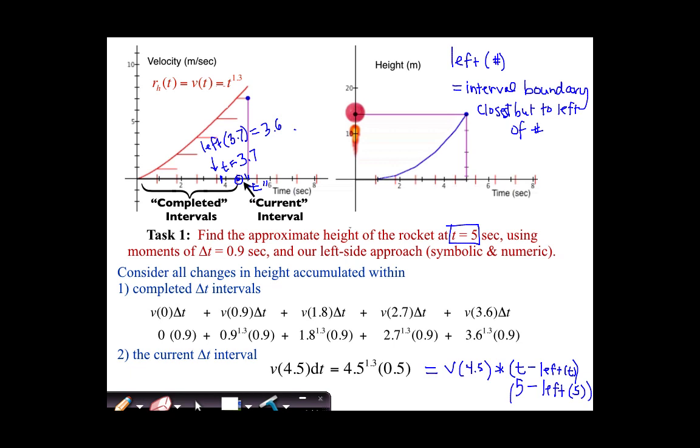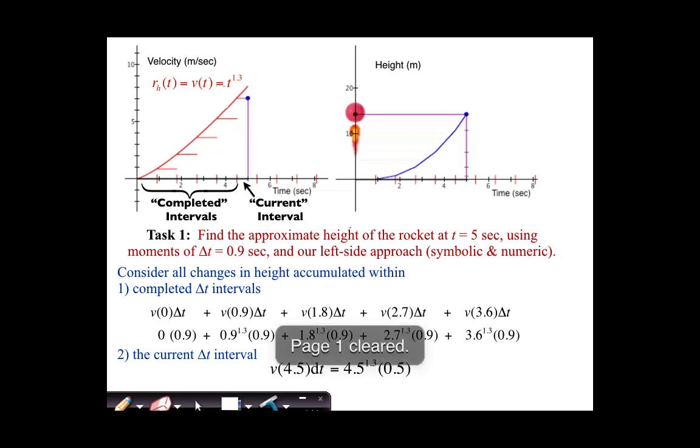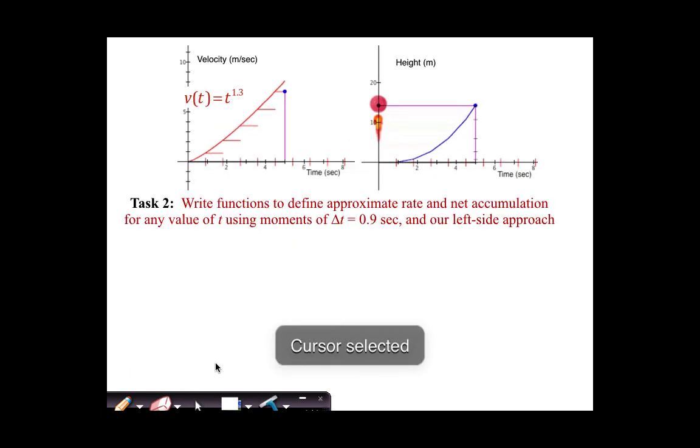So let me clear this off, and let's talk about how I would write this out more generally. If I want to write out a function for the rate, we did this already with the oil spill.